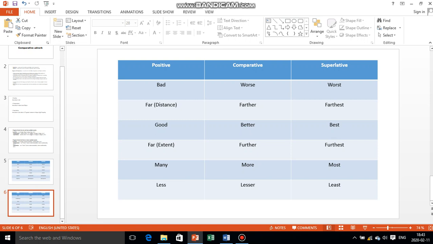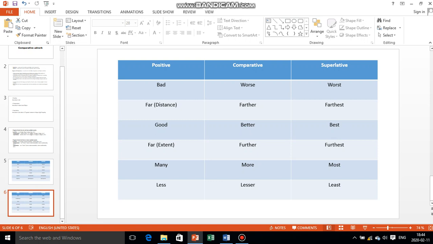These are the comparative and superlative of these words. Bad: worse, worst. Far: farther, farthest. Good: better, best. Far: further, furthest. Many: more, most. Less: lesser, least.